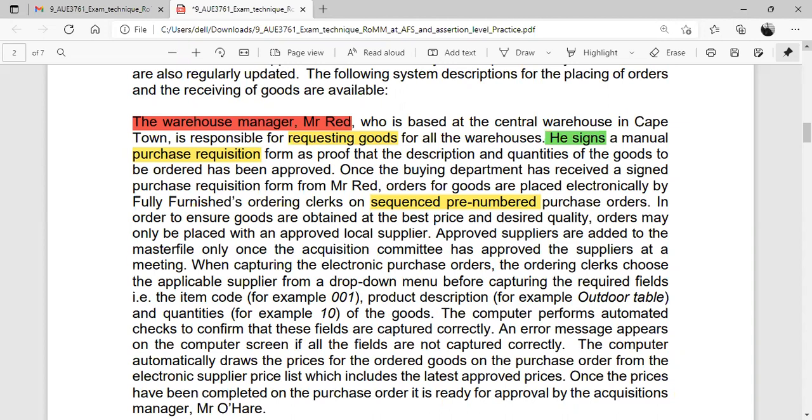control. So controls have nothing to do with assertions. They have nothing to do with assertions, but they have everything to do with three objectives: validity, accuracy, completeness. That's why when you get a test of control question, you will never see the word assertion next to that question.